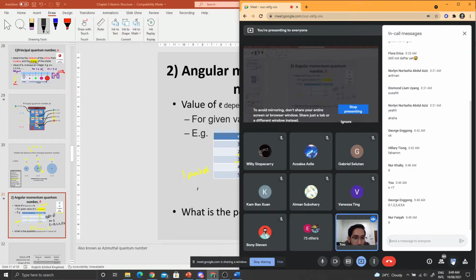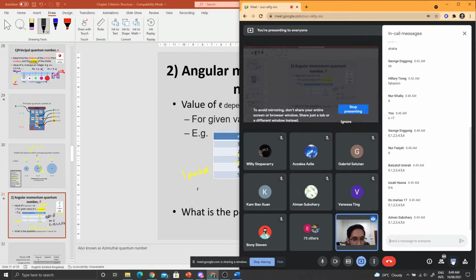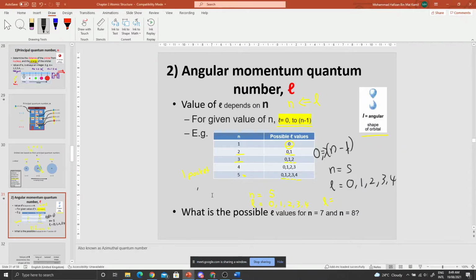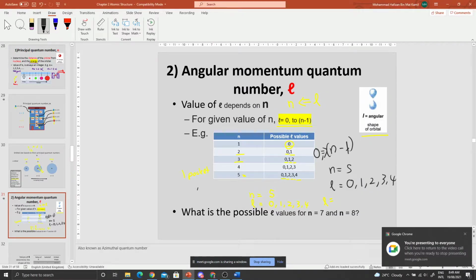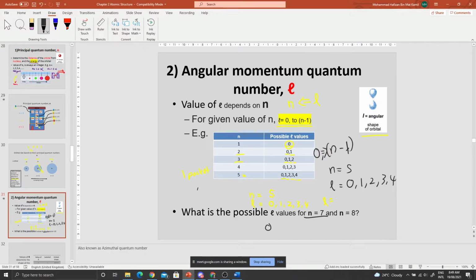Yes, it is 0, 1, 2, 3, 4, 5, 6. Okay, so maksudnya, yes, good. Okay, faham? So maksudnya, kalau n kita 7, kita boleh beli contohlah candy yang 0, 1, 2, 3, 4, 5, 6. Okay. Kalau 8, sampai 7 lah.